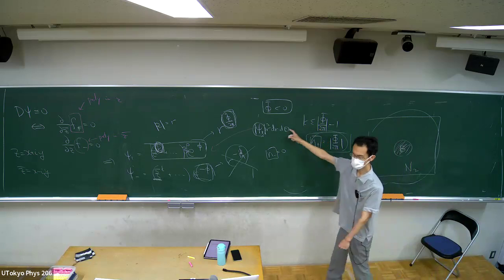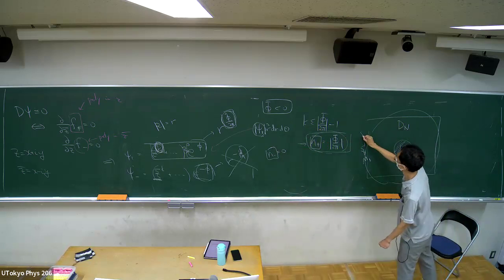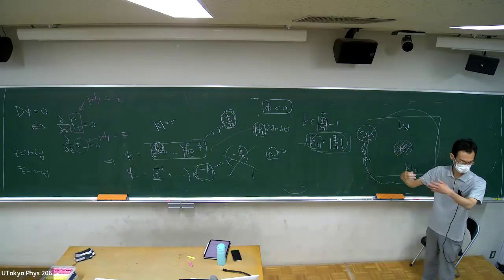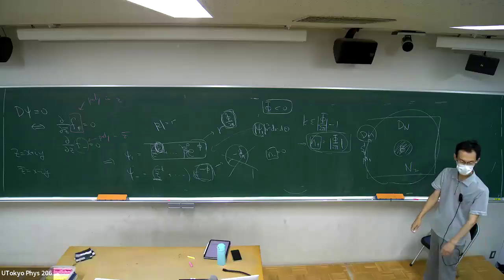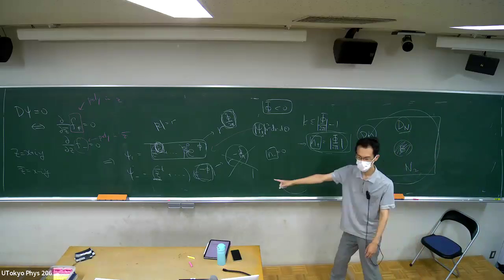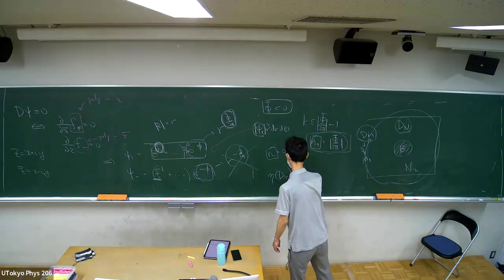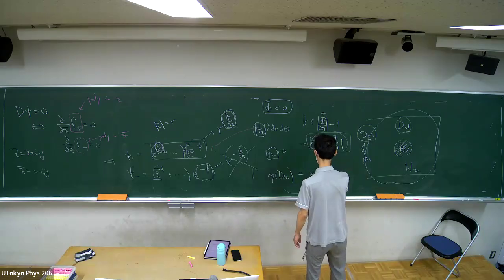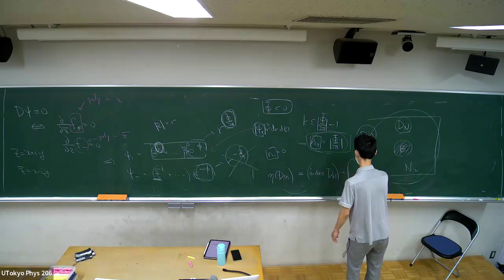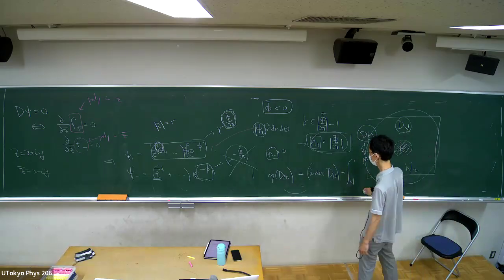I just computed the index on N2. So we have the Dirac operator on N and we also have on M. We computed it on M in the first half of today's lecture. We just computed the index of the Dirac operator on N. So eta of the Dirac operator on M plus the index of the Dirac operator on N, something like that. So that's supposed to be the formula.